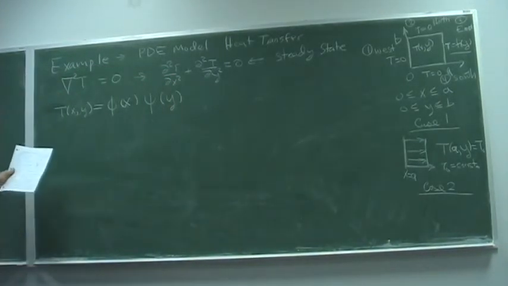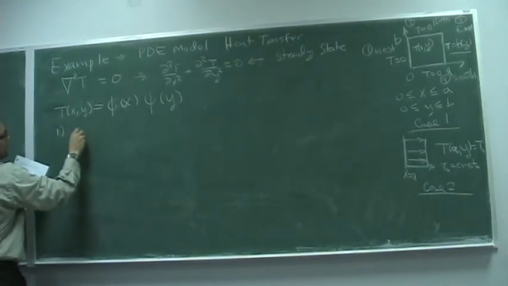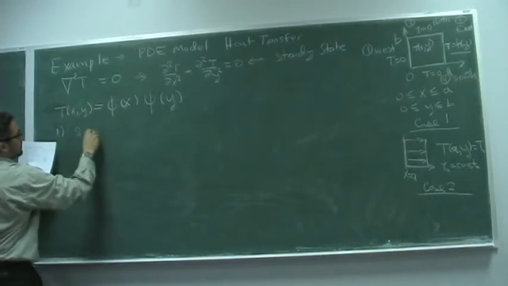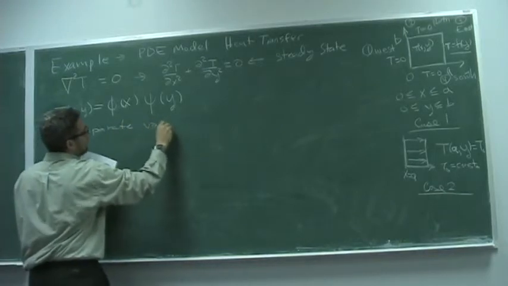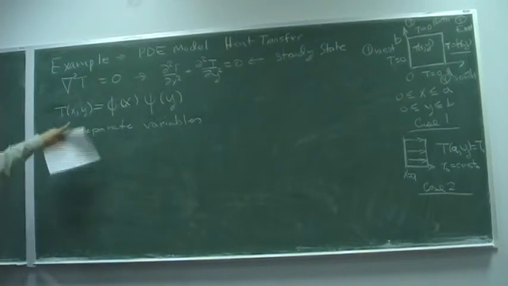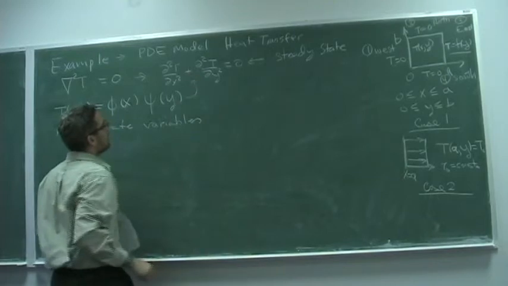All right. So first steps. Number 1, we're going to separate variables. Okay, so the first step we have here is we're going to go ahead and substitute this into our ODE.